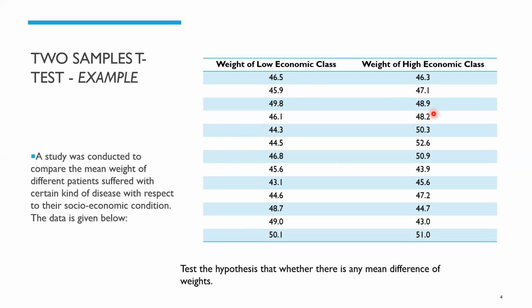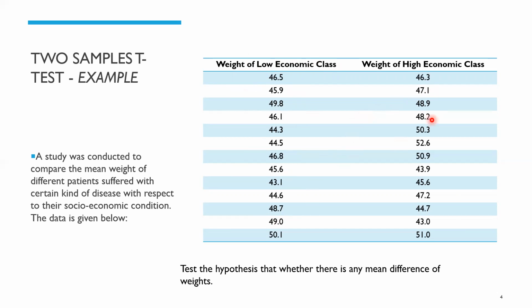Our first assumption was that our dependent variable must be a continuous variable, which we can see the data variable is. Our next assumption was that our independent variable must have two categories, and we have the variable economic class, which has two categories: one is low class, another one is high class.